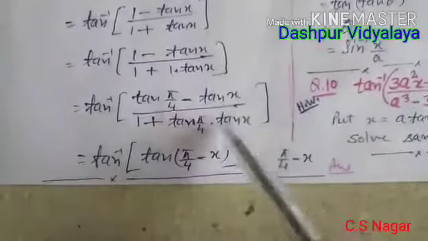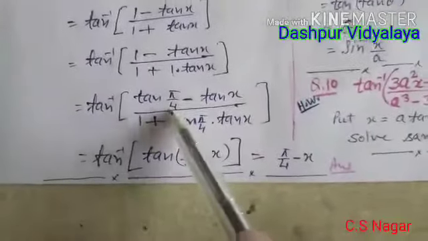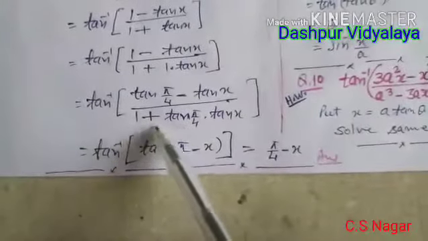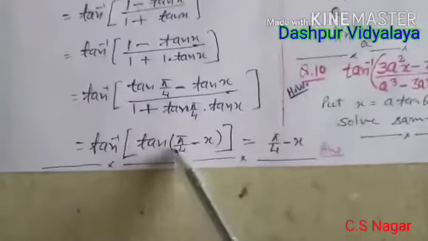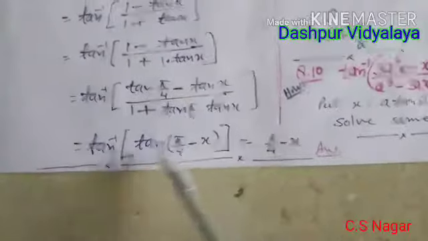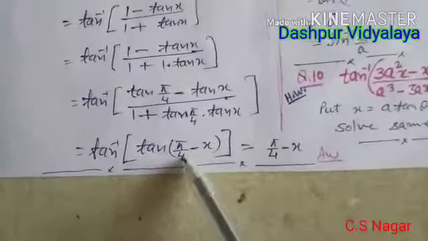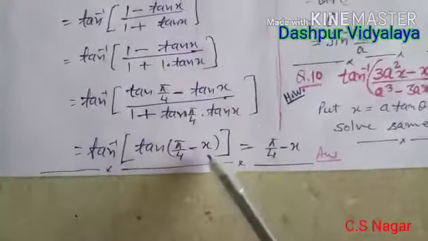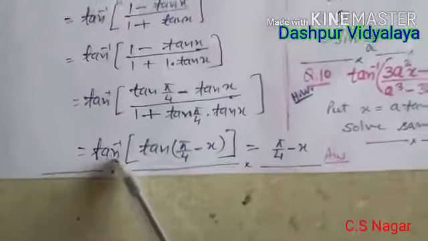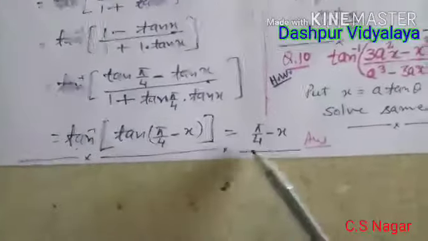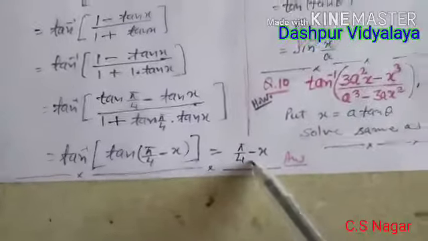So it is like a formula, tan a minus b equals tan a minus tan b upon 1 plus tan a into tan b. So this is tan of a minus b, where a is pi by 4 and b is x. Tan inverse and tan cancel out, only pi by 4 minus x, which is the simplest form.